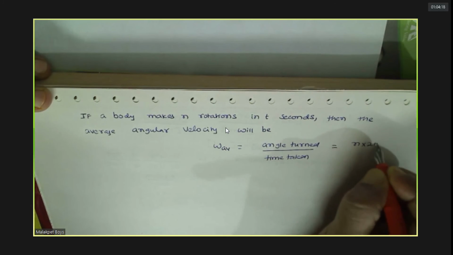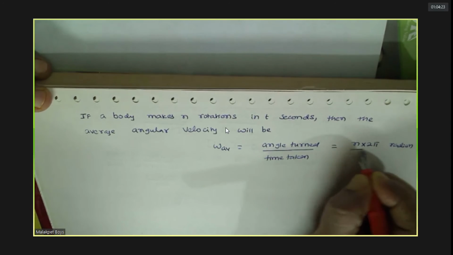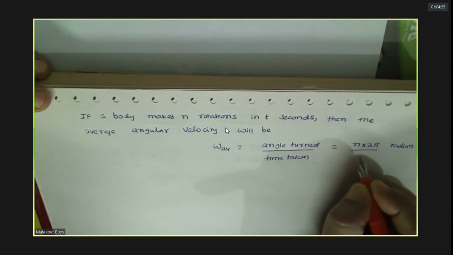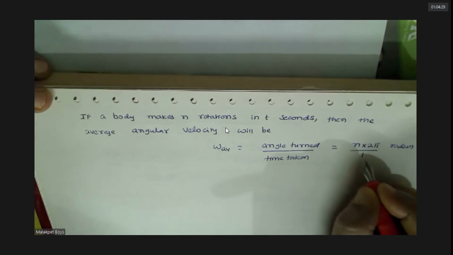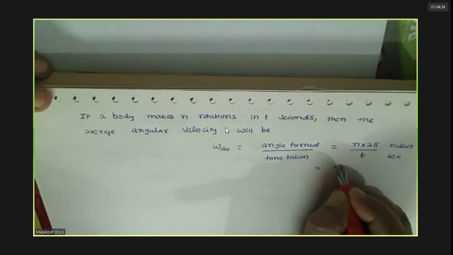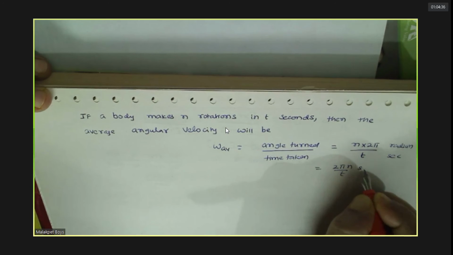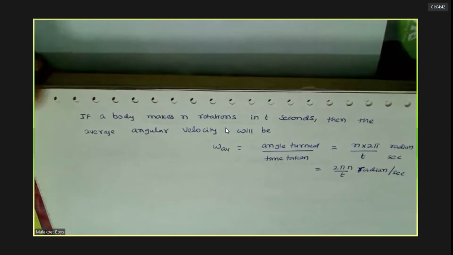It is 2 pi n radian. Agreed or not? Because in 1 revolution it will be turning 2 pi radian. That is 2 pi n by t radian per second. Understood this? Clear?